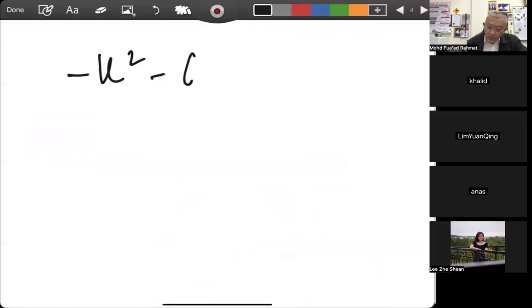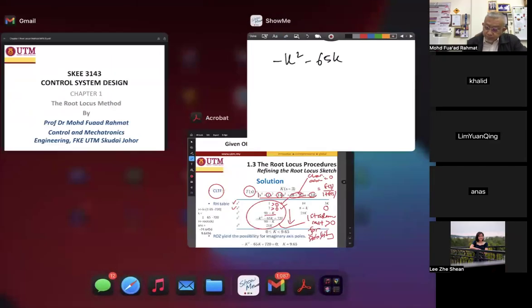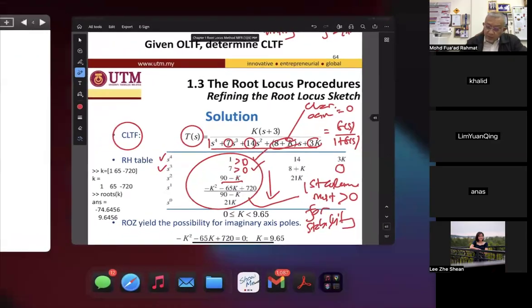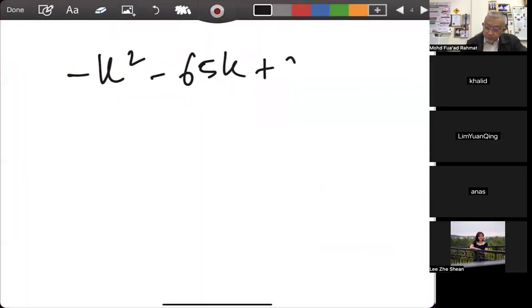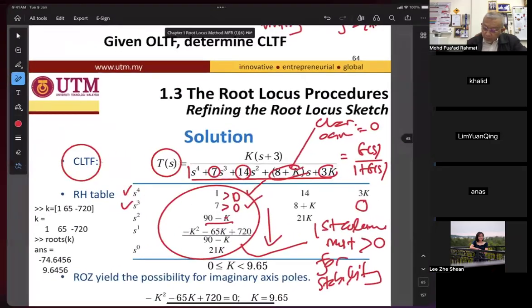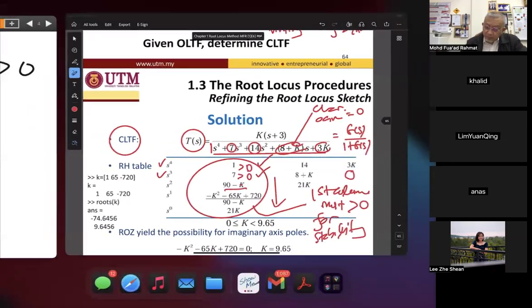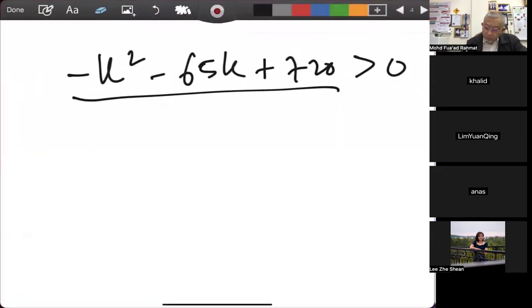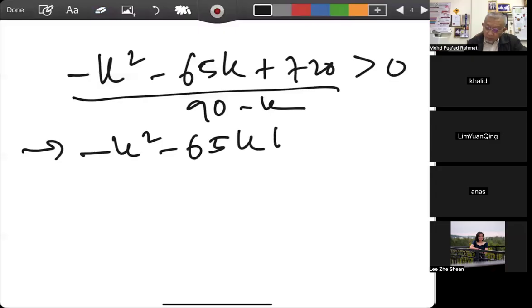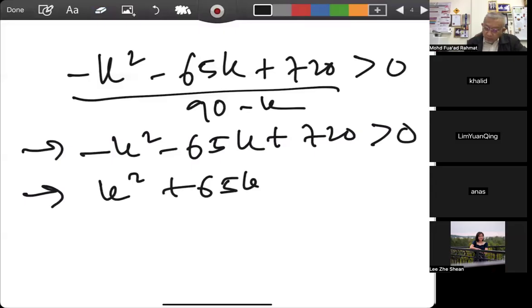For equation number 2, minus K square minus 65K plus 720 greater than 0, which is times 90 minus K. So I simplified: minus K square minus 65K plus 720 greater than 0. Simplify again: K square plus 65K minus 720 greater than 0.